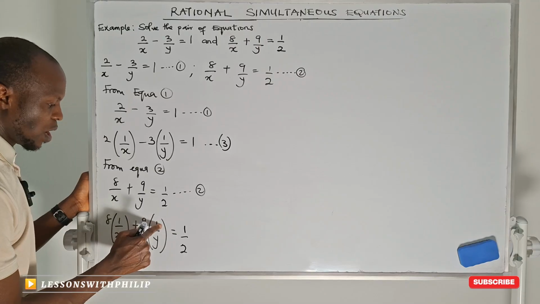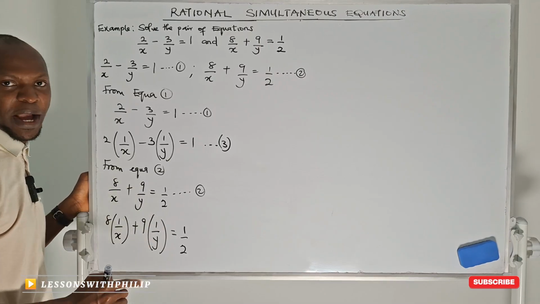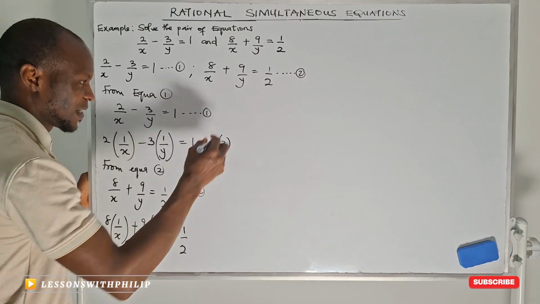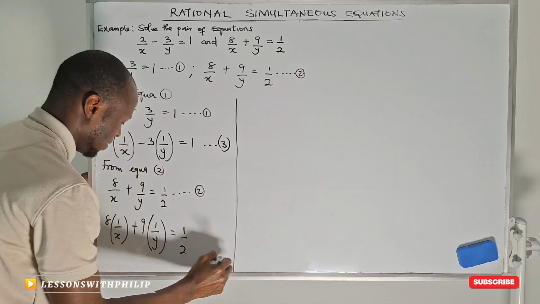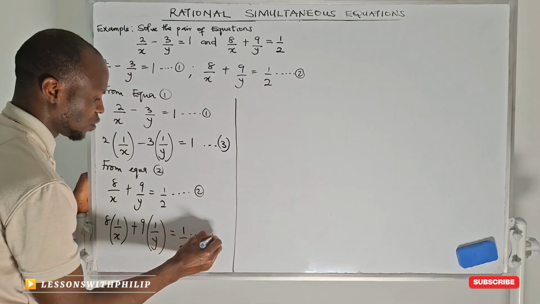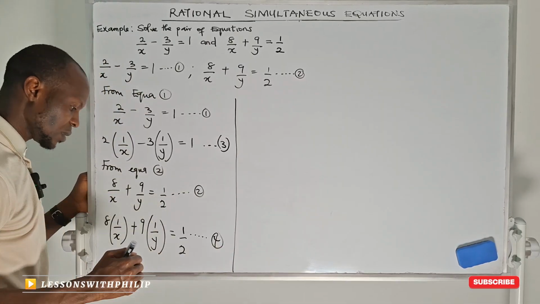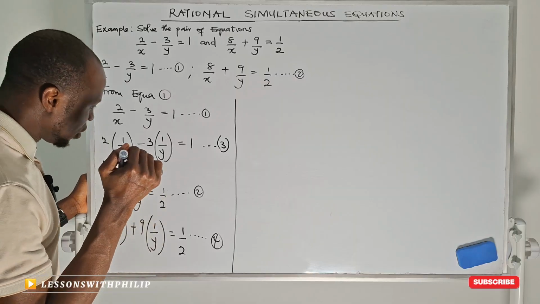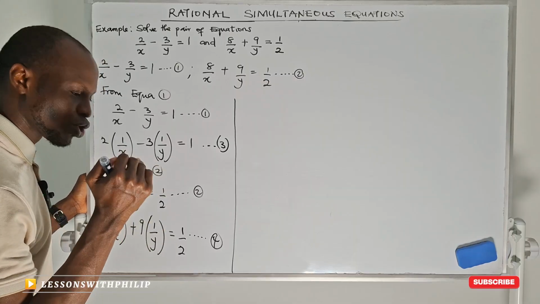So 9 times 1 will still give me 9 divided by y. Do you understand? Can I proceed? Now this will be my equation 4. So I can solve equation 3 and equation 4.